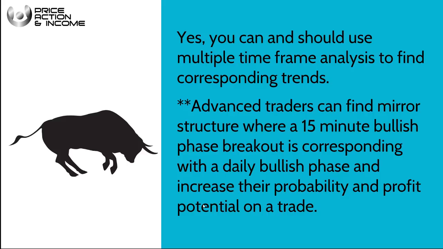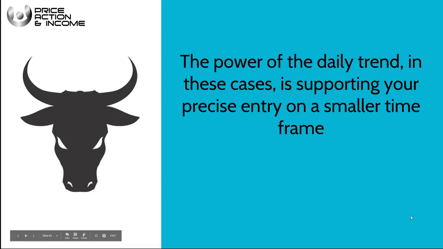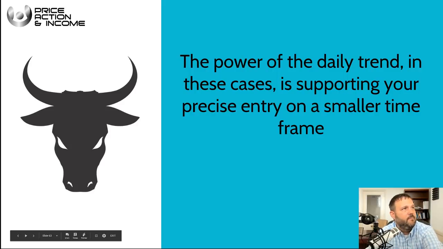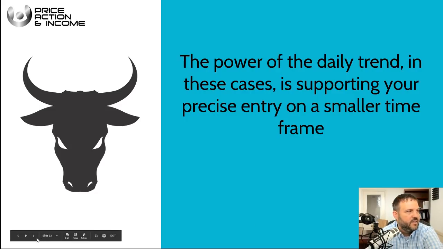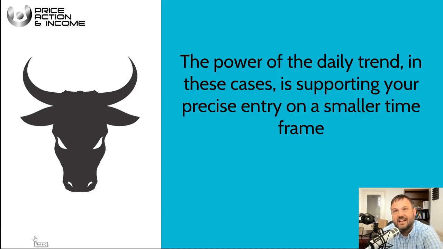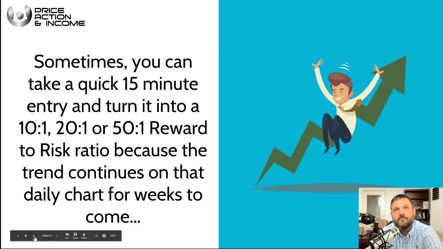As a matter of fact, I actually did this today on a very nice trade. It was a 15-minute entry on a daily chart, and it worked out really well. So the power of a daily trend in these cases is supporting your precise entry on a smaller time frame, right? It's multiple time frame analysis, and this is just one of the really key factors that we use in the exponential course.